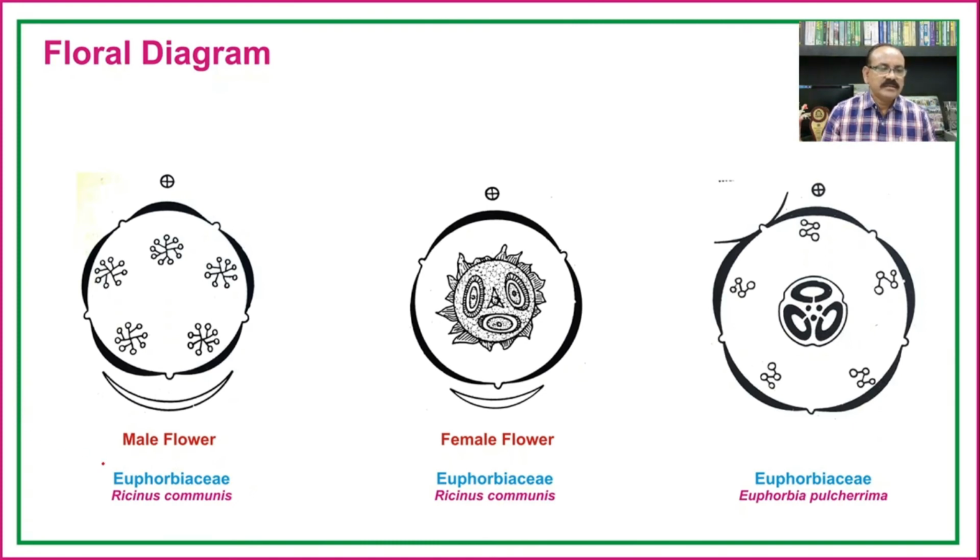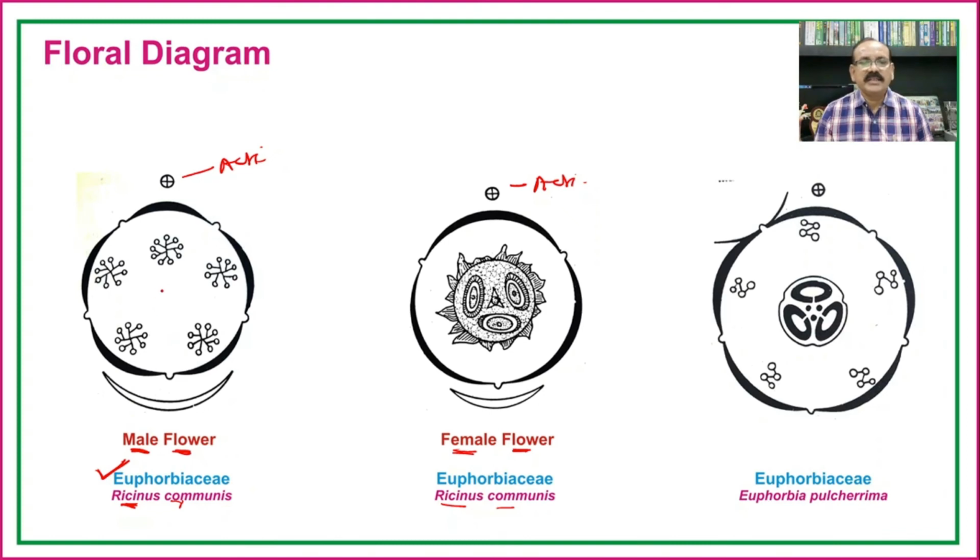Here is the floral diagram of the family Euphorbiaceae for Ricinus communis, which is the male flower, and here is the female flower of Ricinus communis. Both the flowers are actinomorphic.